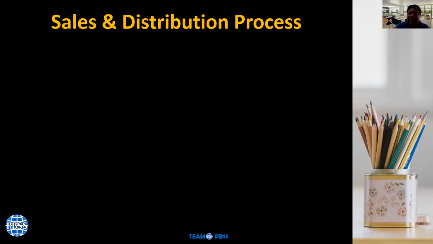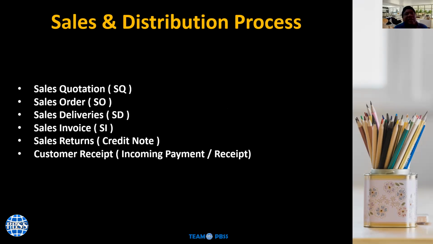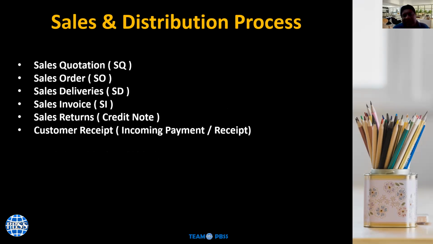Next one, sales and distribution. Another 6 transactions. First, sales quotation. Customers request some items from you, and we can send the quotation to them. Then based on this quotation, if the customer decides to go with us, they place a sales order with us.